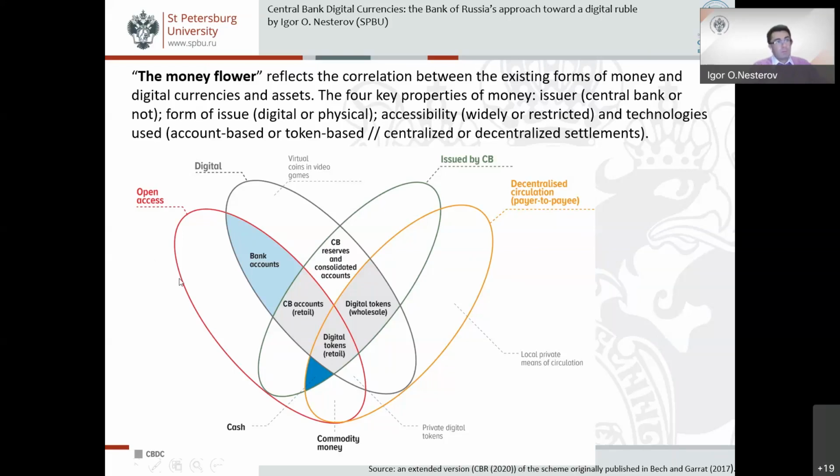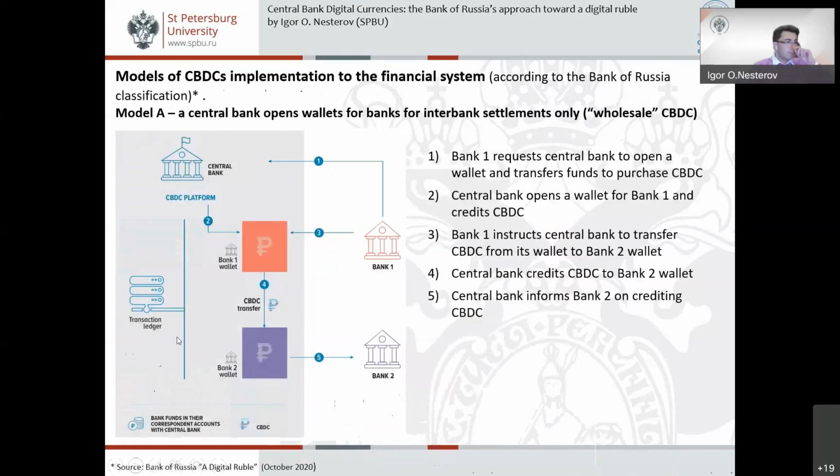And now, if you don't mind, let me move to the ways or models, or as frequently also called designs, of central bank digital currency implementation to the financial system. In this part of our lecture, we'll use four models described by the Central Bank of Russia.